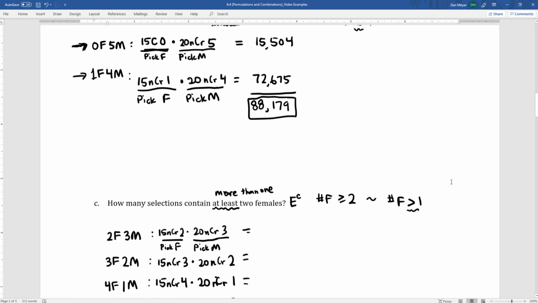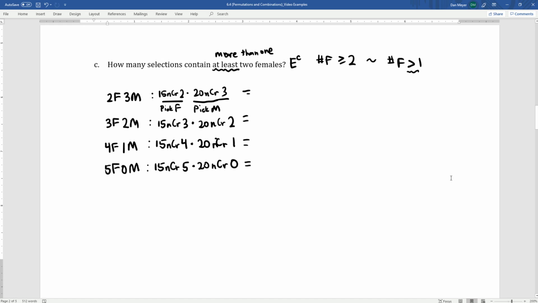So if we use the complement formula, the number of things in E complement, that's what we're counting here. How many things are in this event is the number of things in the universal set minus the number of things in E, and we already computed both of those values.